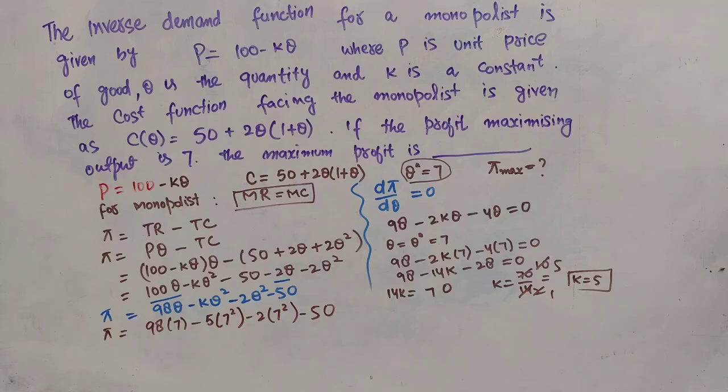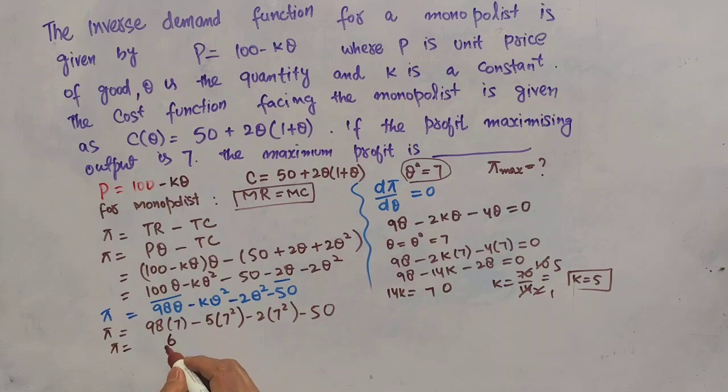Okay, let me see if I am within the limits. That means profit will be equal to, I can get confused here, I have to solve it manually. 7 7s are 49, 7 8s are 56, 9 7s are 63.